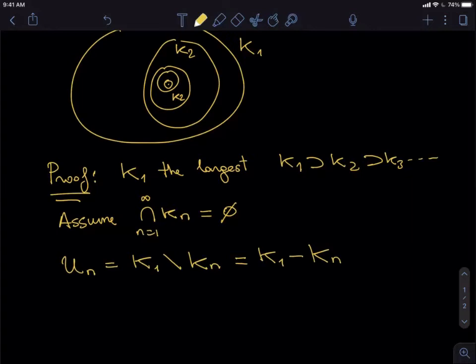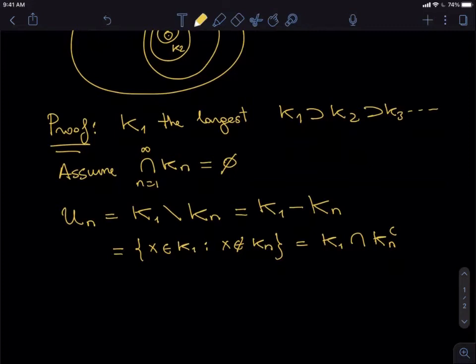This means the points in K1 such that they are not in K_n. Or if we want, this is K1 intersected with the complement of K_n. These are different ways to say it.